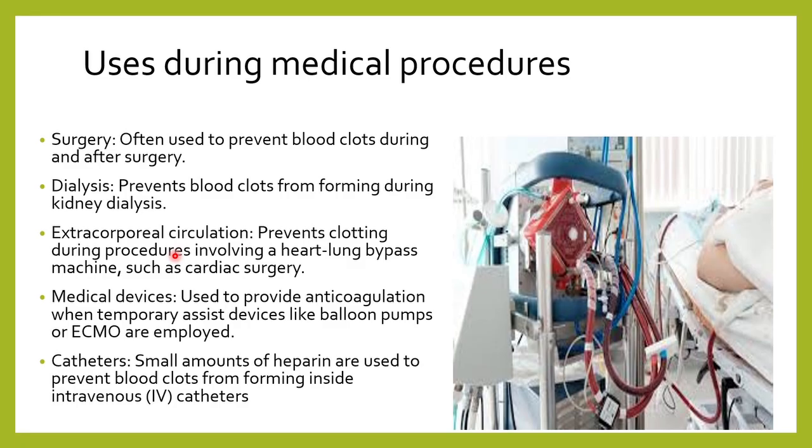During medical procedures, during and after surgery, we use it to prevent blood clots, and in dialysis patients. In extracorporeal circulation, it prevents clotting during procedures involving the heart lung bypass machine, cardiac surgery, etc. For medical devices like balloon pumps, extracorporeal membrane oxygenation devices, and when applying catheters, we use heparin.